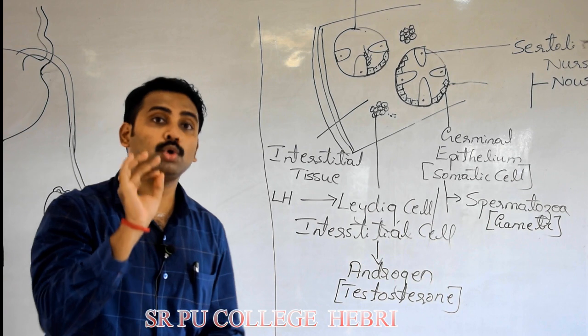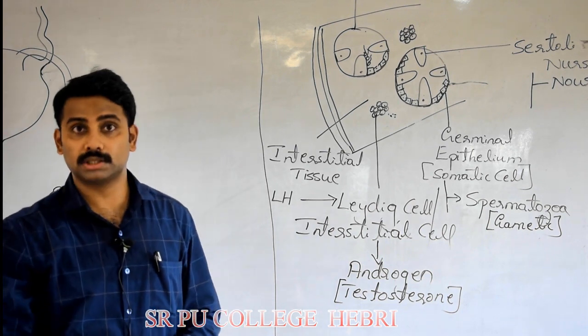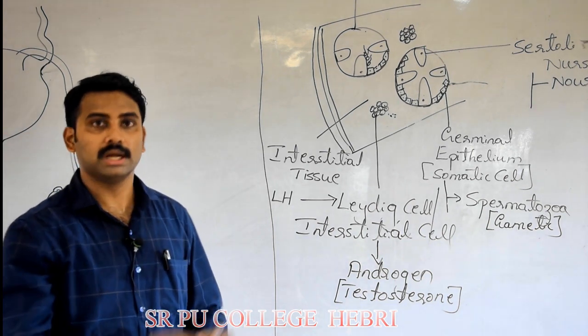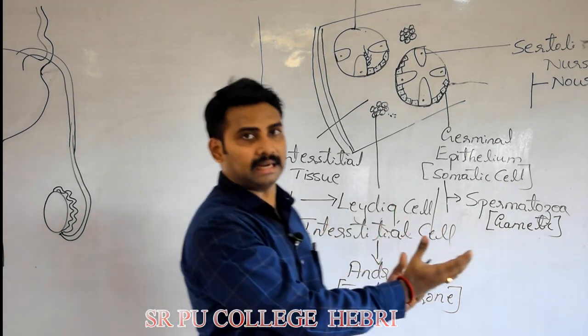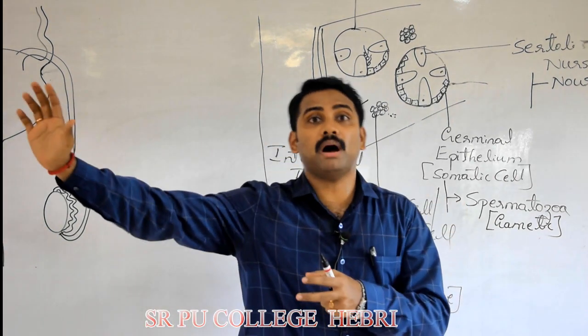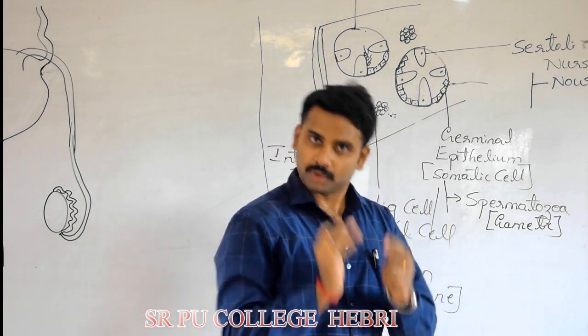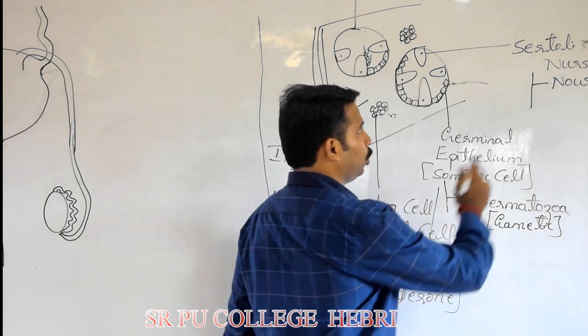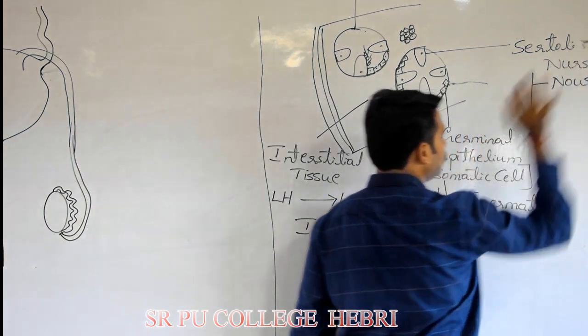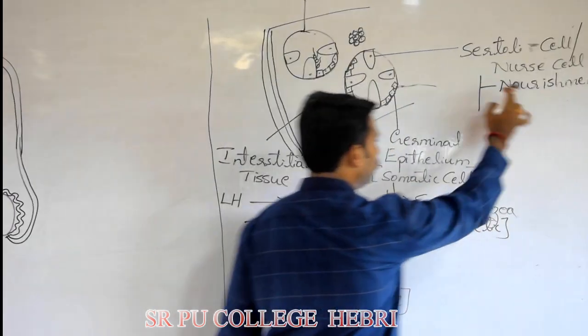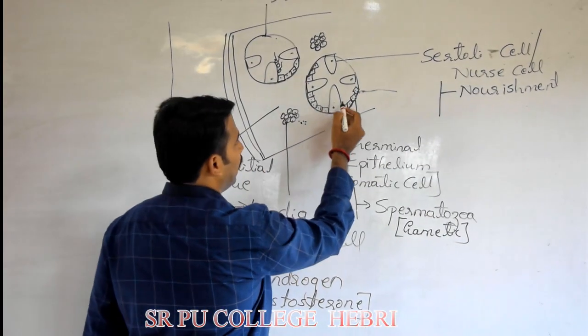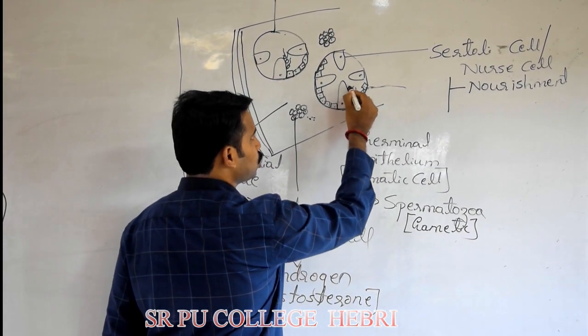Here I want to include two extra points, very important for NEET, and even it helps indirectly to understand some other NCERT concepts. Try to understand. I told you, nurse cell's main job is nourishment for whom? For the developing spermatozoa.